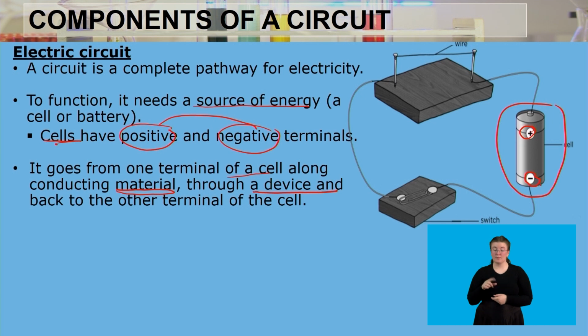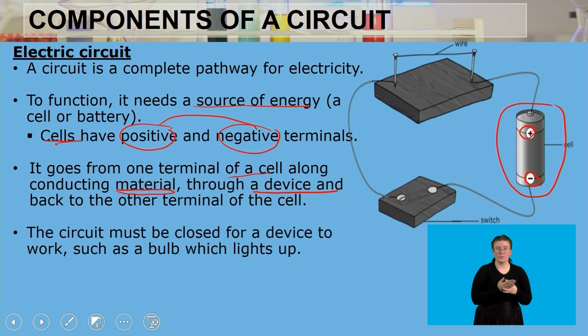All we need to know is that the current is going from one terminal of a cell along conducting wires back to the other terminal of the cell through a device, and in so doing, this circuit must be closed. For this electric current to move from one terminal to the other, the circuit must be closed.